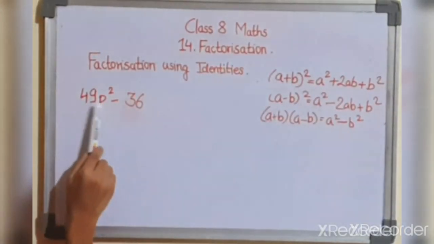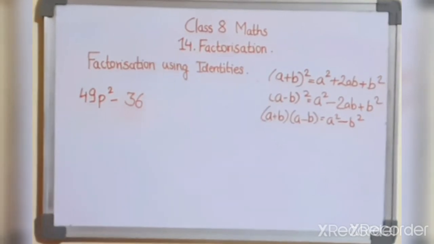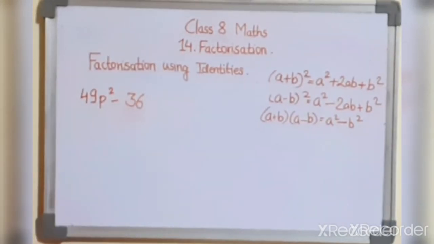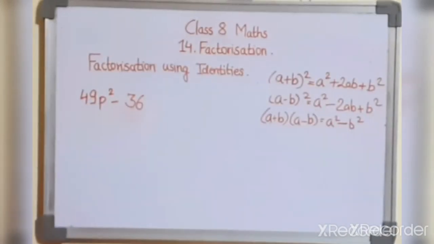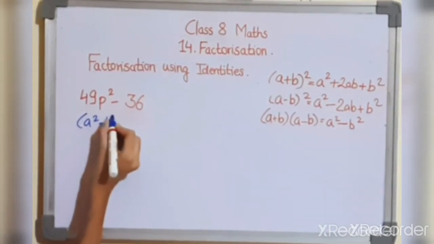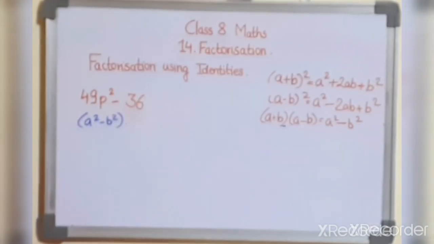Now we will factorize using identity number 3. Factorize 49p square minus 36. In this we see that there are two terms and both are squares and the second one is negative. The expression is of the form a square minus b square. So identity 3 is applicable here.